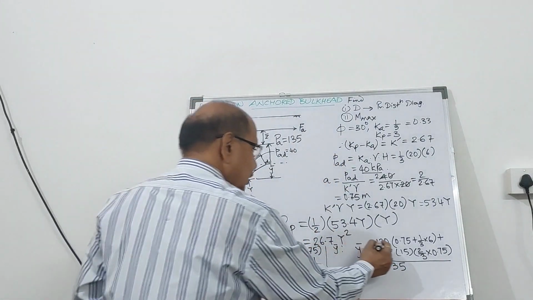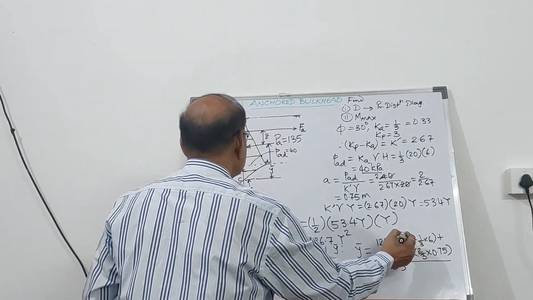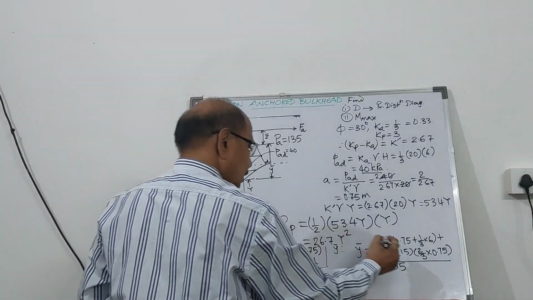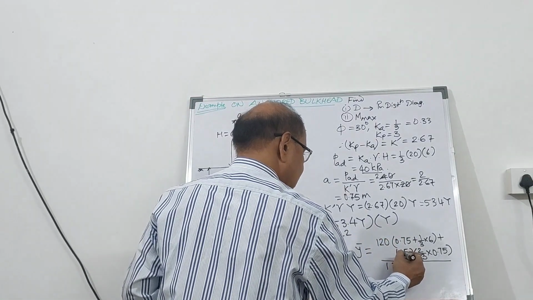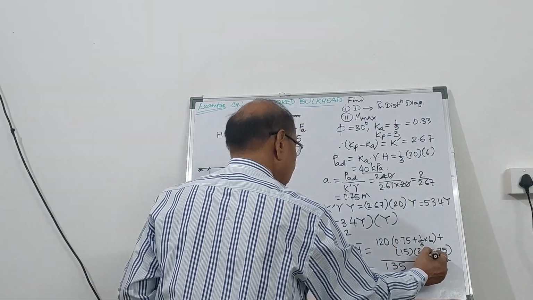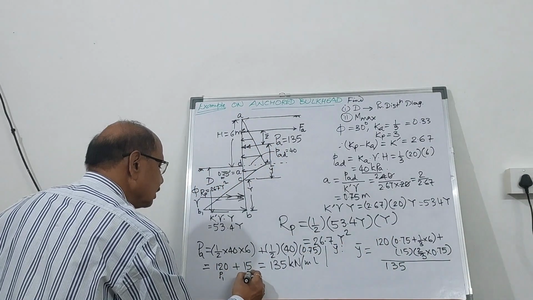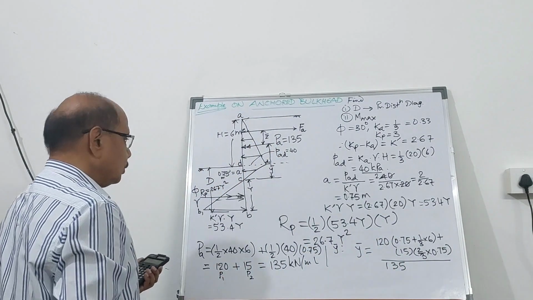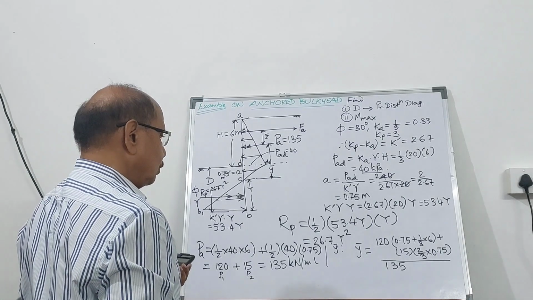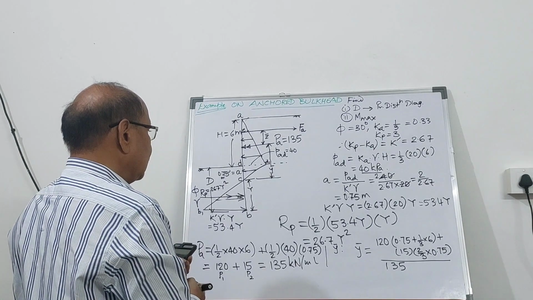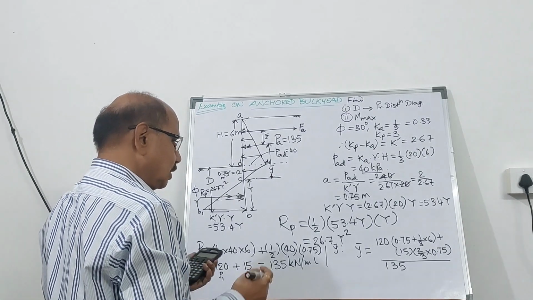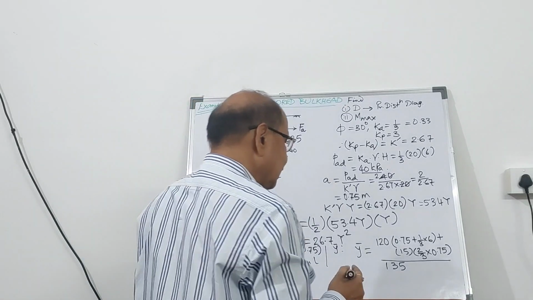So P1 Y1 from C plus P2 into Y2. We make all this as P1, all this P2. So simplify this.